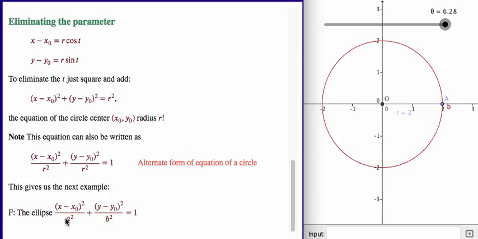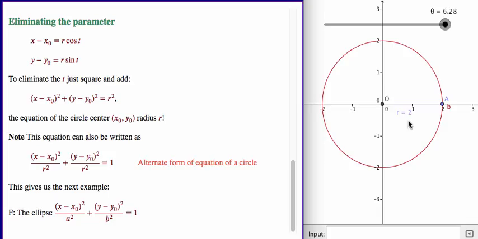So for the one, I might have an r squared, and the other one I might have an s squared, or something like that. The horizontal distance would be r, and the vertical distance would be s. So it's as though I'm compressing or stretching this in some way, and instead of getting a circle, I will get some kind of ellipse.